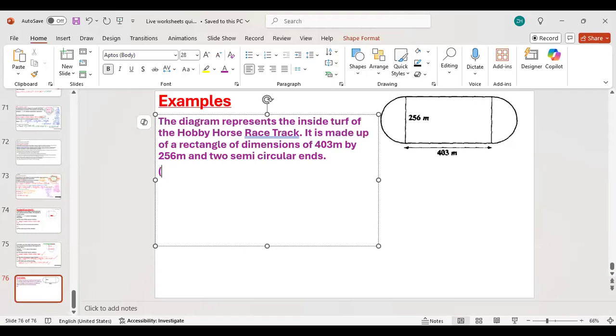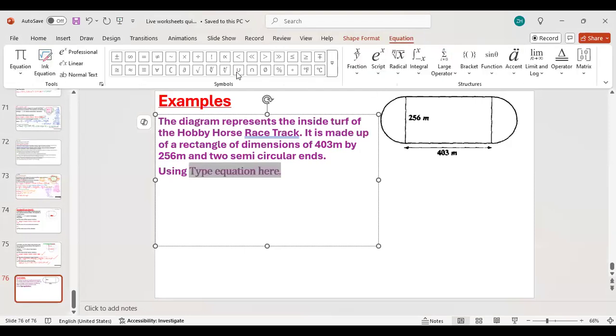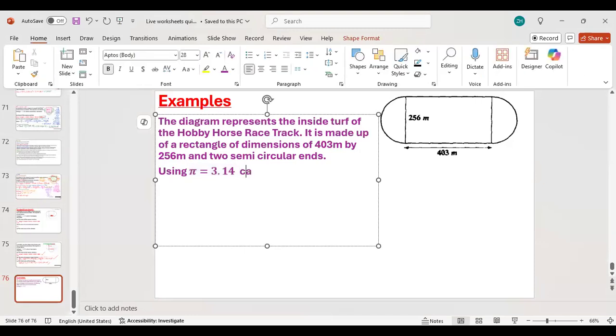Calculate, oh sorry, my bad. Using pi as 3.14. Calculate the distance around the turf.